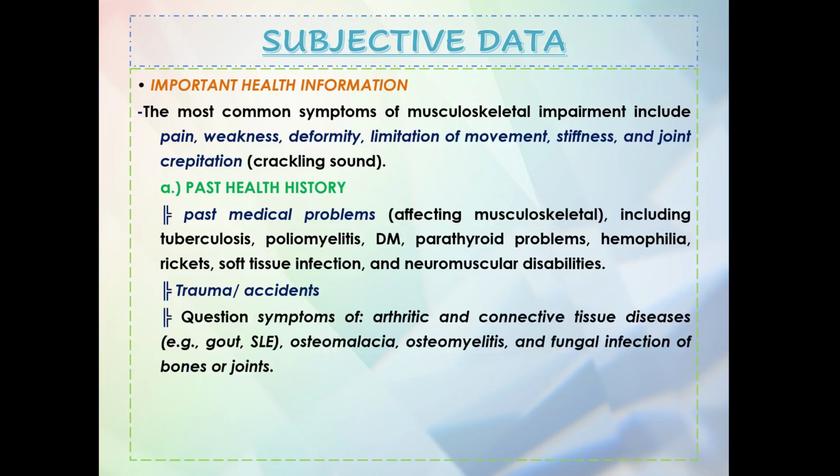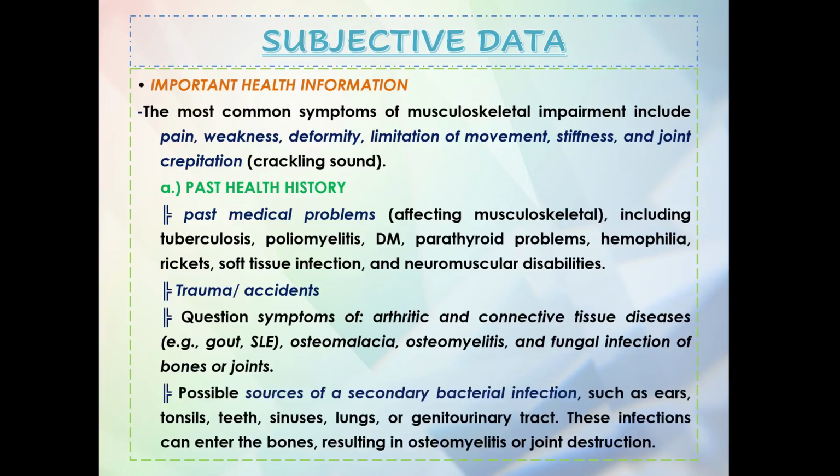Symptoms of osteomalacia, osteomyelitis, and fungal infection of bones or joints. And then we ask possible sources of secondary bacterial infection. So, for example, ear infection, tonsils, teeth, sinuses, lungs, or genitourinary, because these infections can enter the bones, resulting in osteomyelitis or joint destruction. So these are the things that we ask the patient kung na-experience sila in the past.